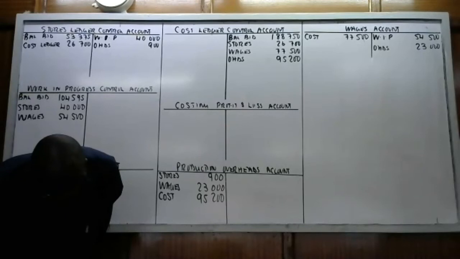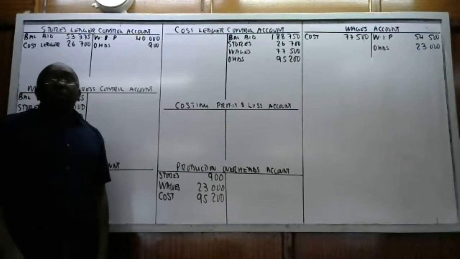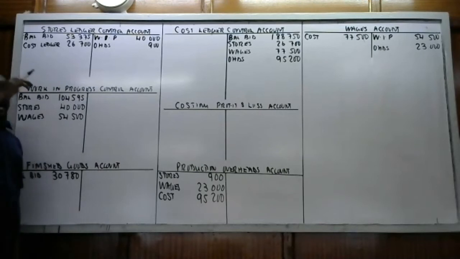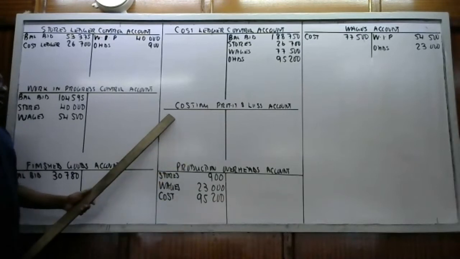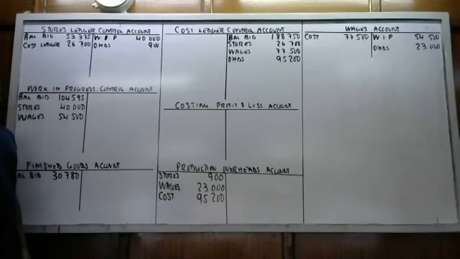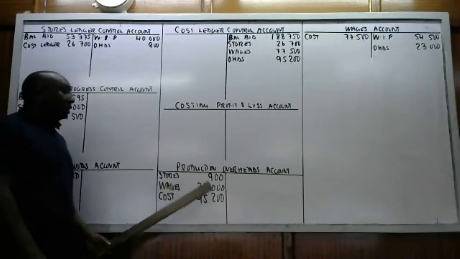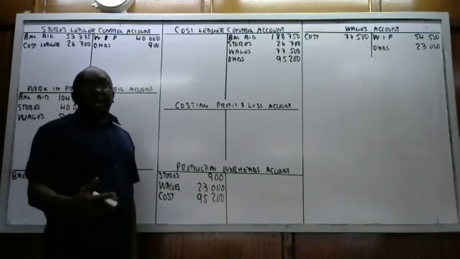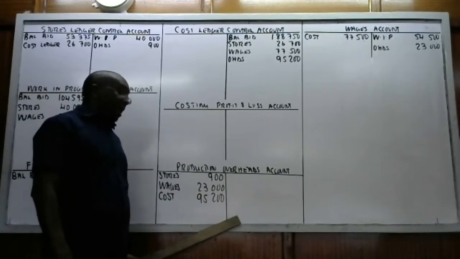Production overheads are absorbed and written off. When we are told there was under absorption, under absorption is supposed to be a loss. So you debit P&L and credit the overheads. And you only come to realize there is another one when closing the account.